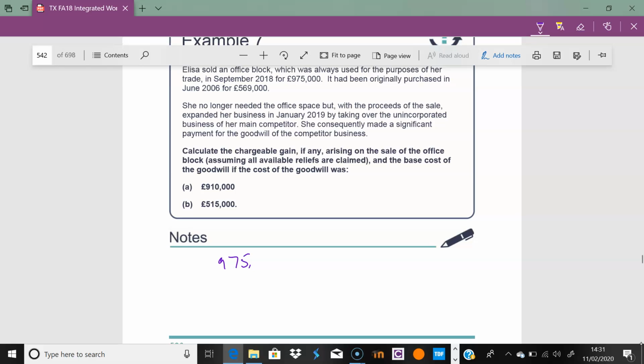She bought it for 569,000. So we have a gain of 406,000. That's the gain. The question here is, are we going to be able to defer this gain? That's the real issue, isn't it?